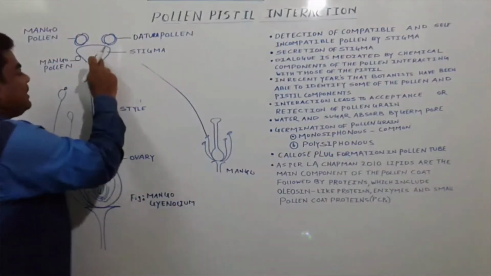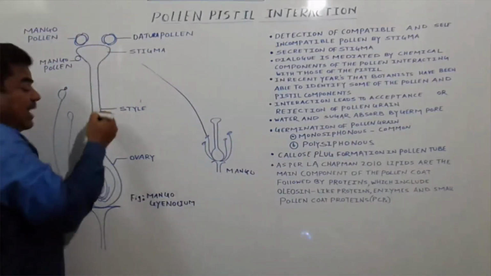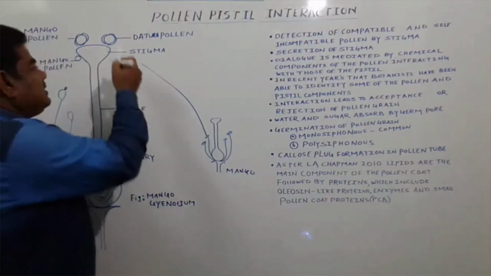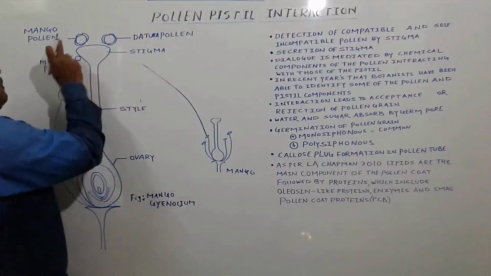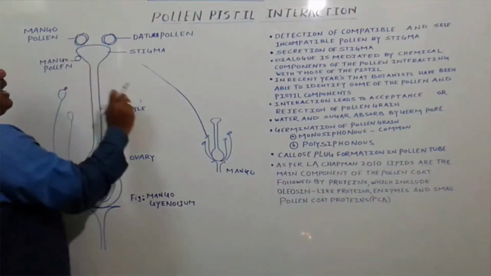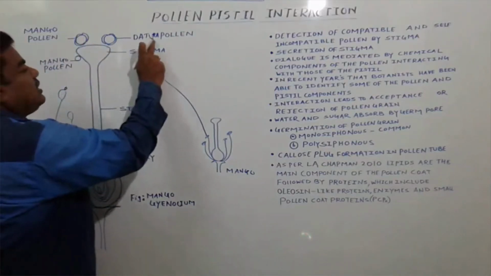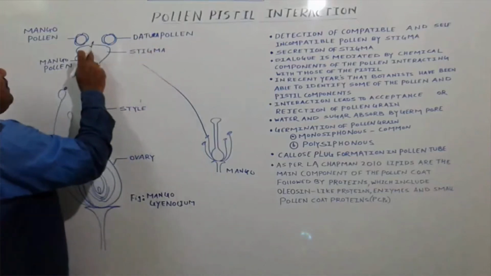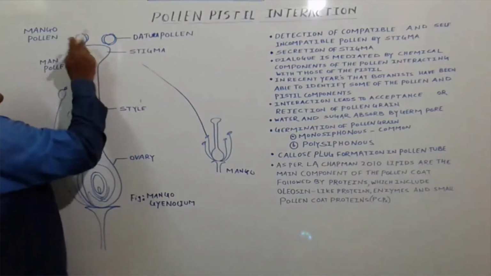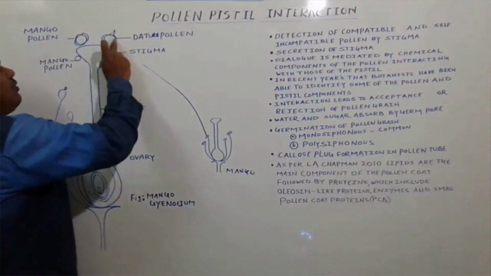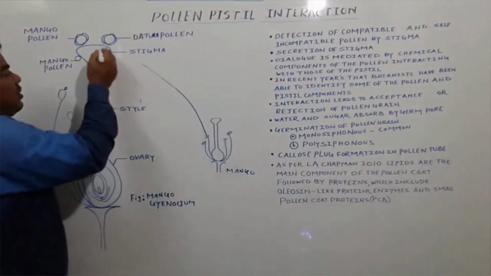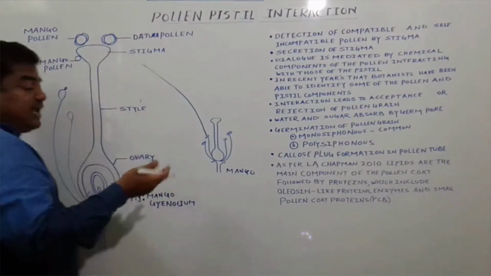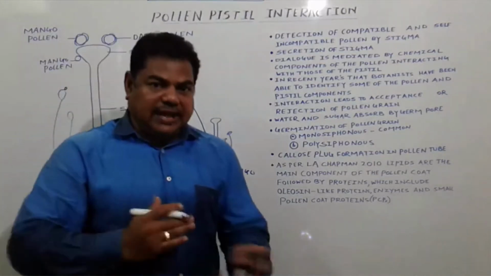When this stigma matures, it has a capacity to detect the compatible pollen grain, and the second kind we call a non-compatible pollen grain, that is, pollen grain of the same species or pollen grain of another species. The stigma has a capacity to detect self and other pollen grains like this.